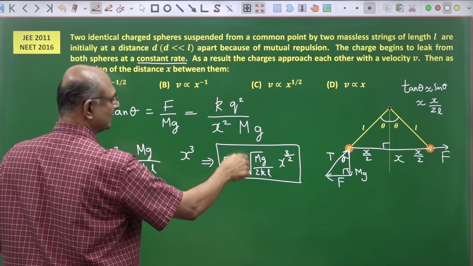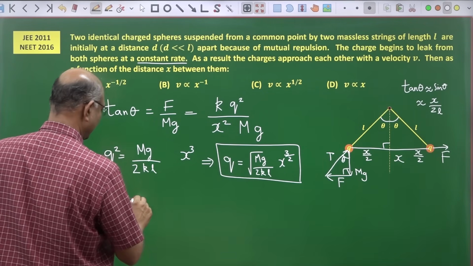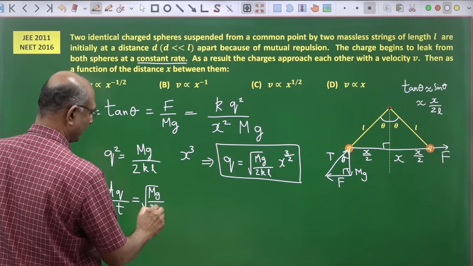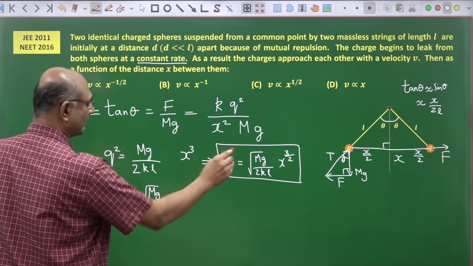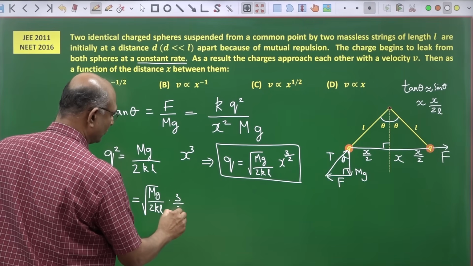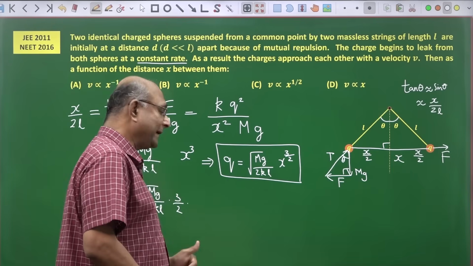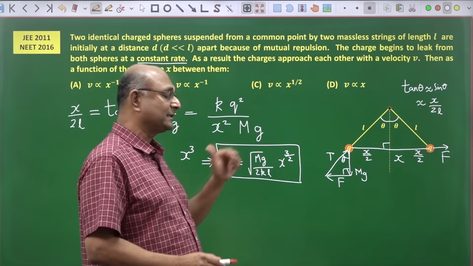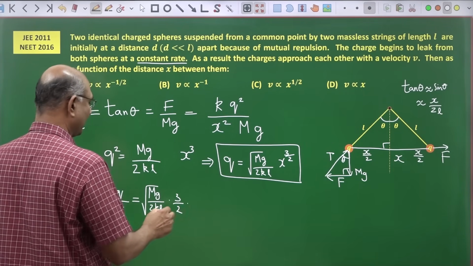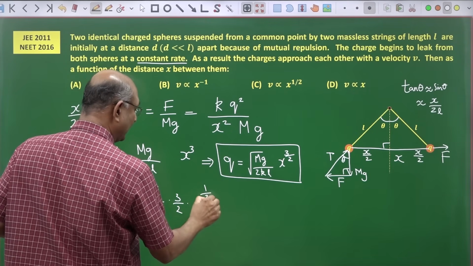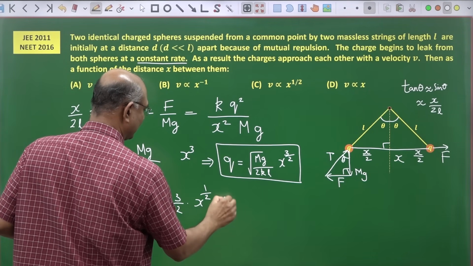So that is this constant, which is a constant, times 3 by 2 x to the power of 3 by 2 minus 1, which is 1 by 2, x to the power of 1 by 2, into dx by dt. Don't forget that.